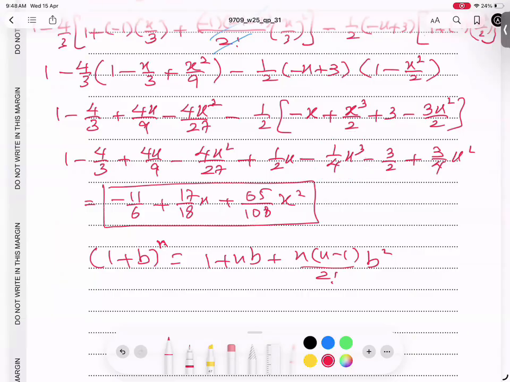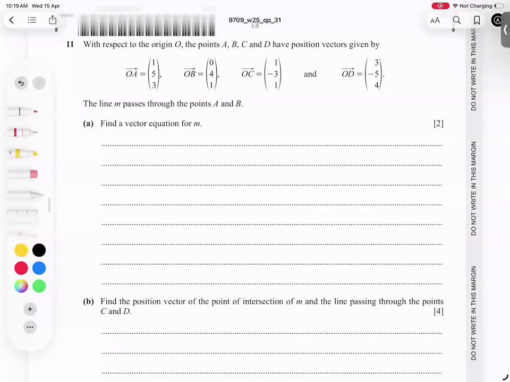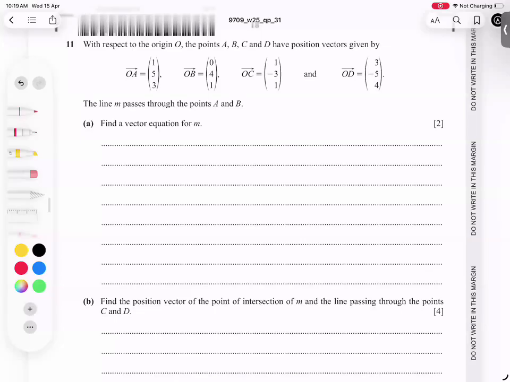Alhamdulillah Rabbil Alameen. Question number 11, students, we have. We have to find line M that passes through points A and B, and we are given OA, OB, OC, and OD.